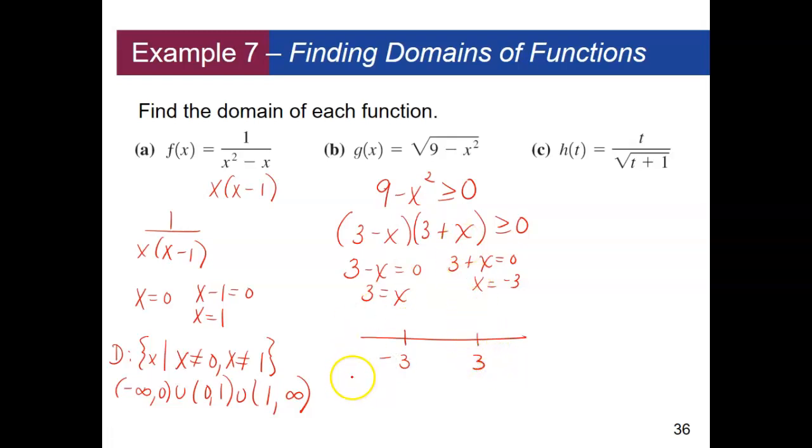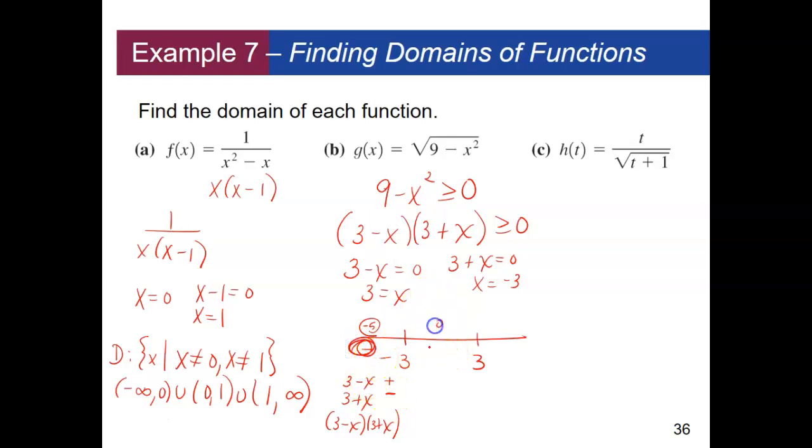Okay, so if we try our factors, so we had 3 minus x, 3 plus x. When we plug in a test point, maybe our test point is -5. If I put -5 in, 3 minus a -5 is going to be a positive. 3 plus a -5 is going to be a negative. So a negative times a positive is going to give me a negative for this interval.